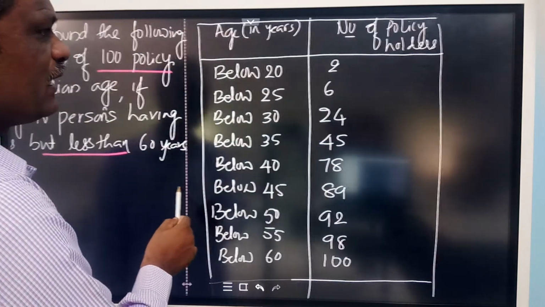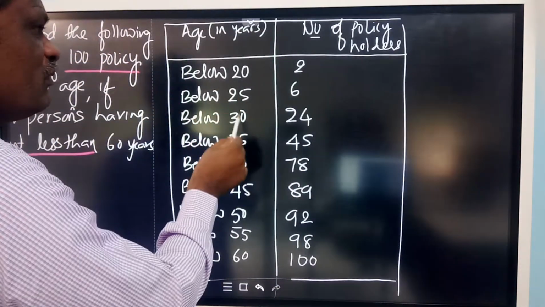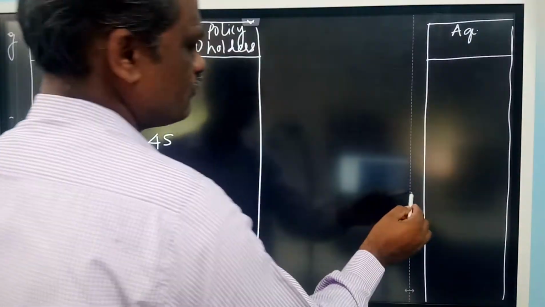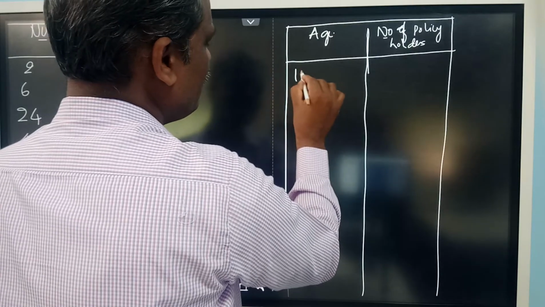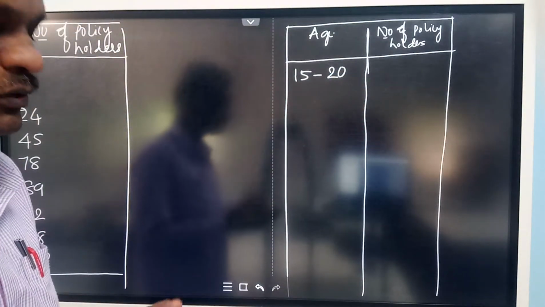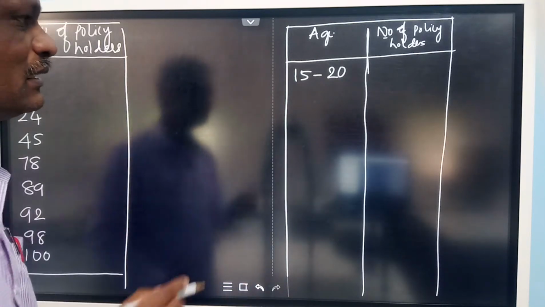So therefore make the size of the class interval as 5: below 20 means 15 to 20. 15 to 20 means 20 will not be included in that group: 15, 16, 17, 18, 19, that is 5 units.